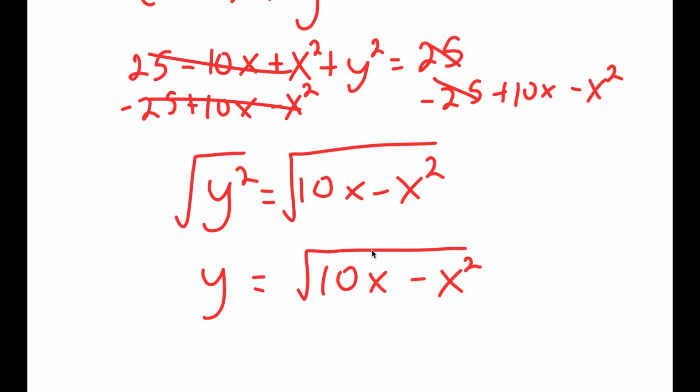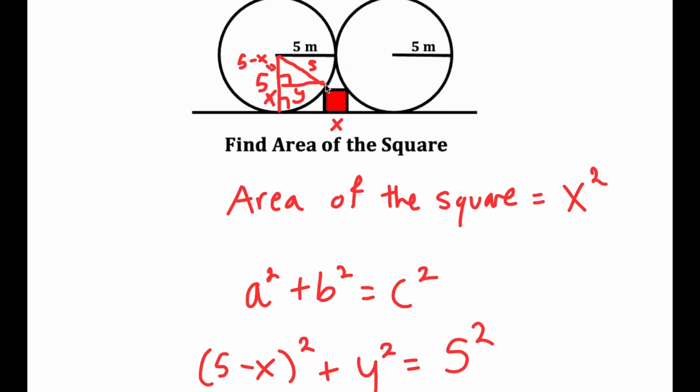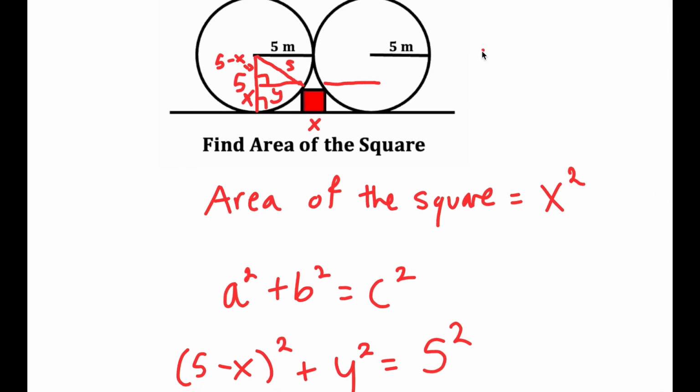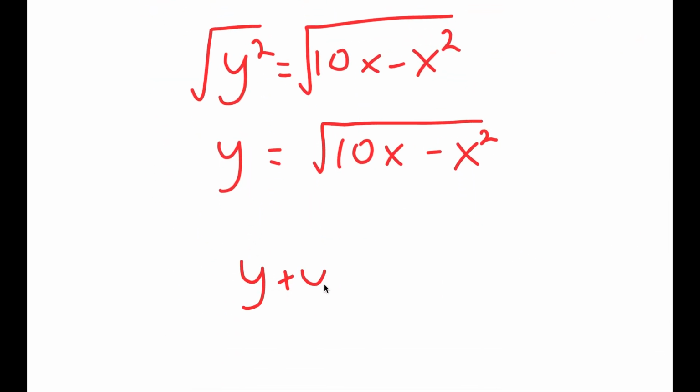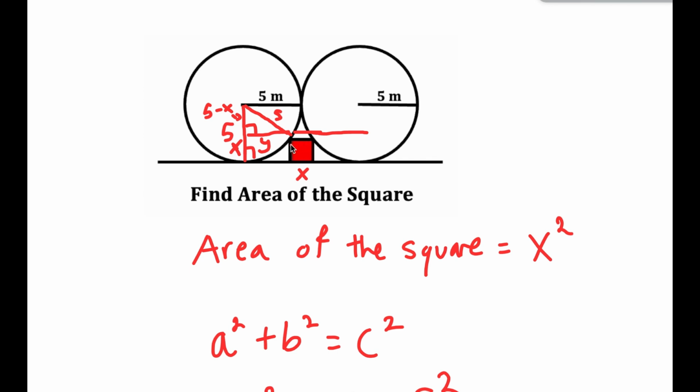So from here, because in my circle over here, the length from here to here is equal to y, and so is the length from here to here, we can say that 2y plus x, which is the total length from the center all the way over here, including the side length of our square, is equal to 5 plus 5, because we have our radius over here and our radius over here.